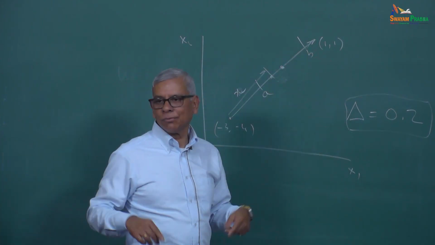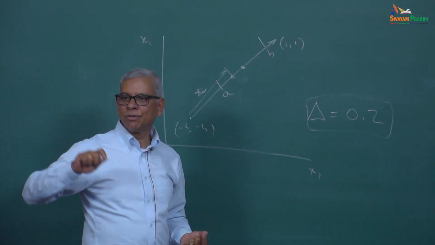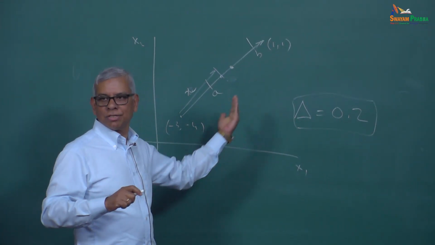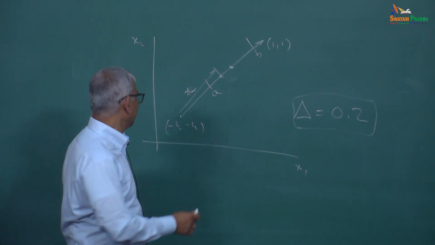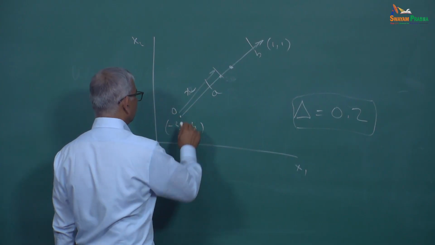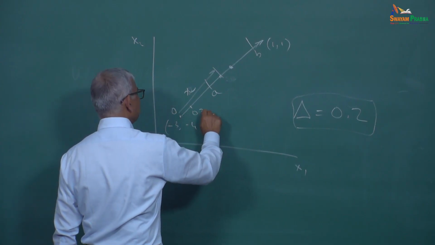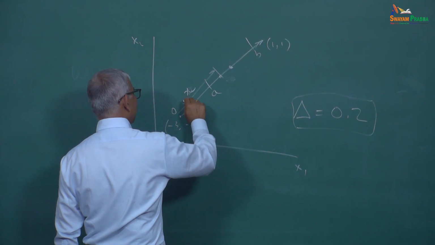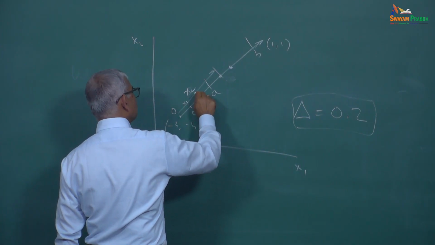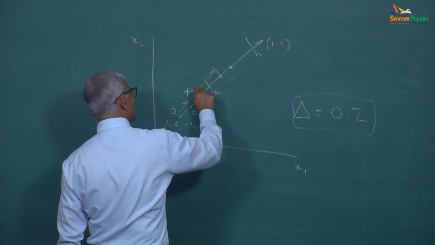So we don't have to find whether delta should be positive or negative. Delta is always positive, so straight away apply the bounding phase. This is 0, then we move to 0.2 along this, which will be my x1, and then I move to 0.4, and that will be my x2.